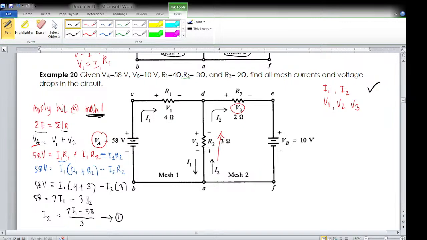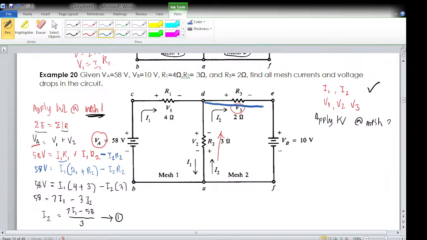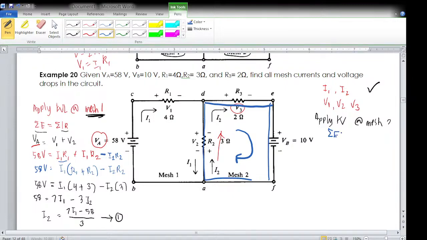Like we have said, to get another equation, let us apply KVL at mesh 2. Let's focus on this one. The direction of the current is still the same, but let us apply the summation of EMF and the summation of IR.